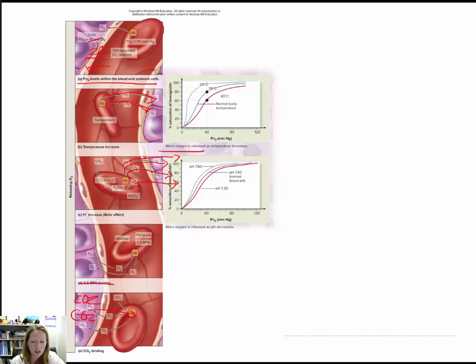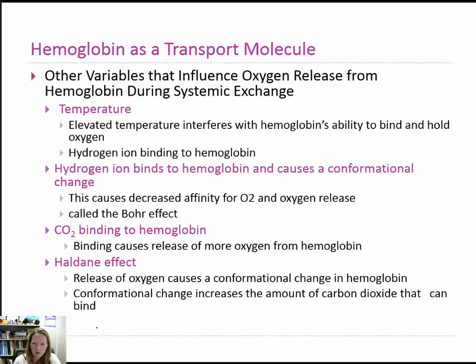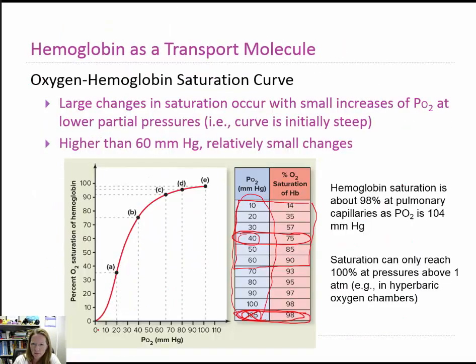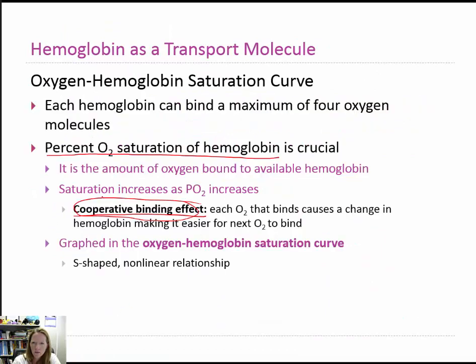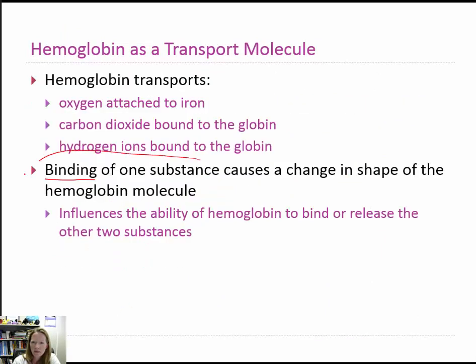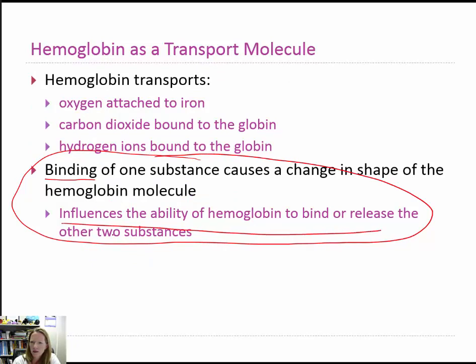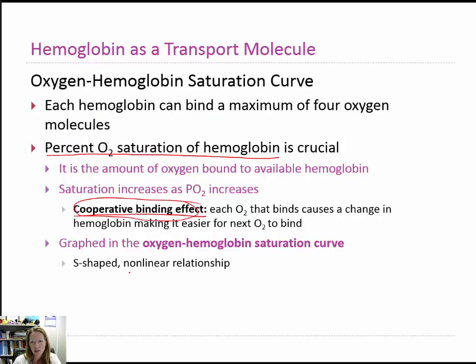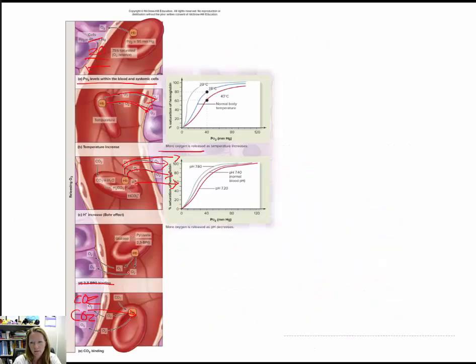There are other places that carbon dioxide can go, but this is one thing that will cause the oxygen to leave. Where did we talk about it? Oh, right here. The binding of one substance causes a change, and it influences the release of one or the other. So that is why this happens down here.